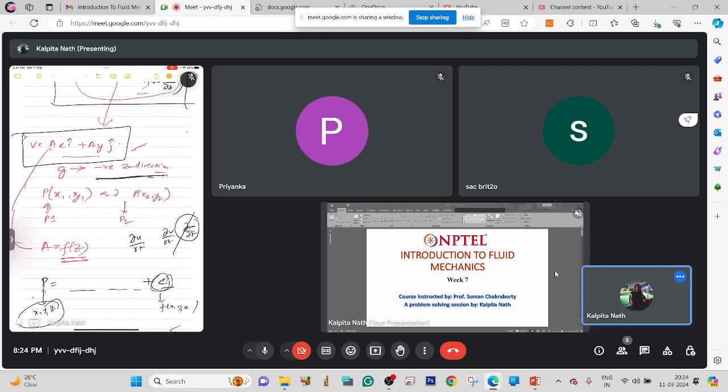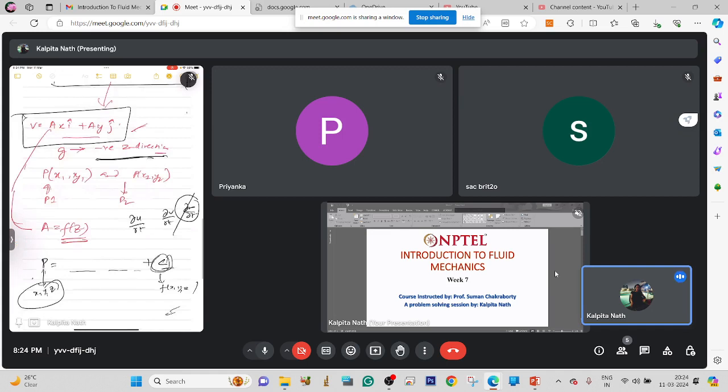So remember that. And we have velocity components only along the x direction and y direction. There is no velocity component along the z direction. So with this idea, we'll move forward.